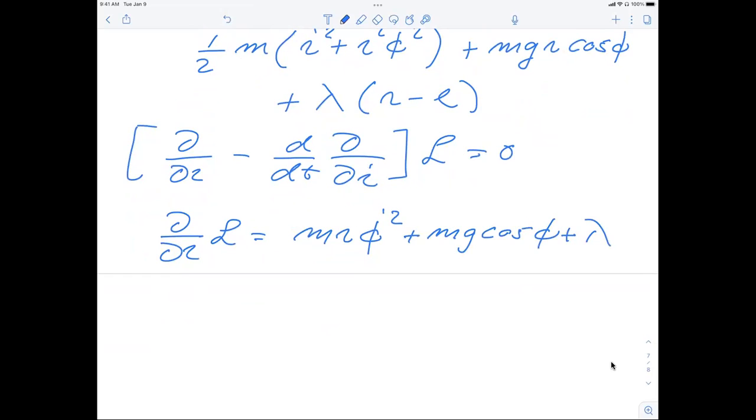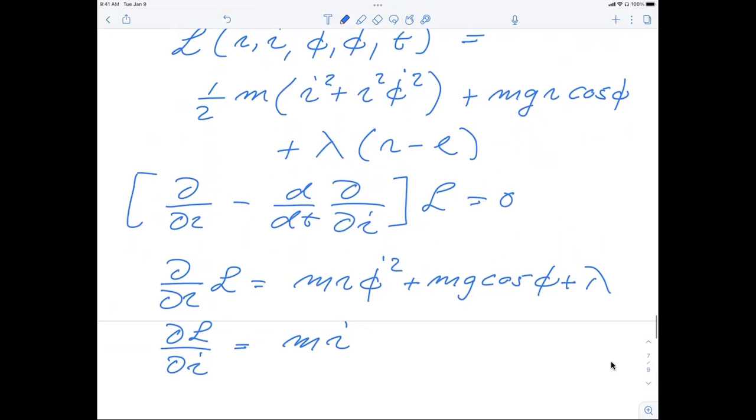Then we take the next term, which is dL/d r dot, and that is simply equal to m times r dot when we go back to the Lagrangian. When we take the derivative here, we get a factor of 2 and m times r dot. Now we take the derivative with respect to t, and this is simply m times r double dot.